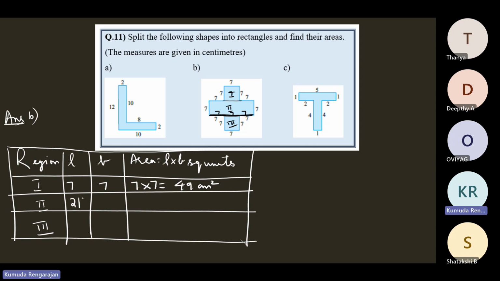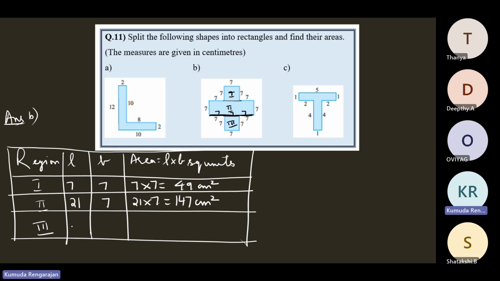All of you agree with me? Tanya, Ovia, Deepthi. Yes, ma'am. And what's the breadth? The breadth is 7, ma'am. Breadth is 7. Very good. Now what's the area then, Satakshi? 7 multiplied by 21, ma'am. It is equal to 147 centimeters square, ma'am.